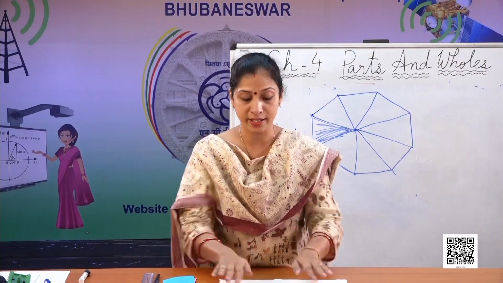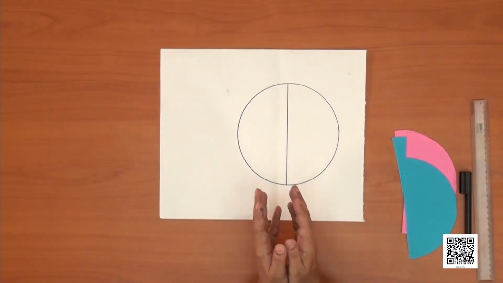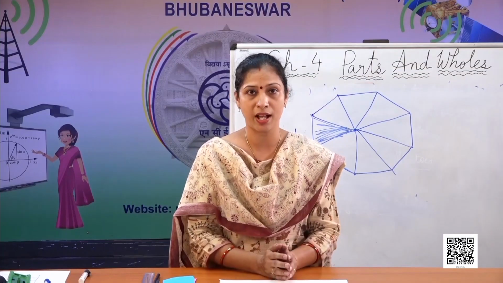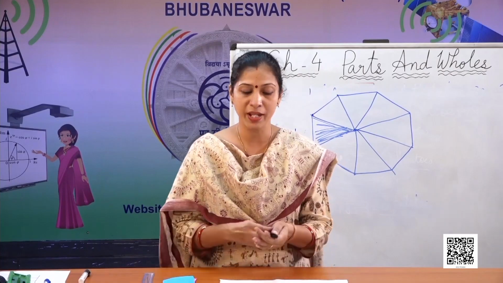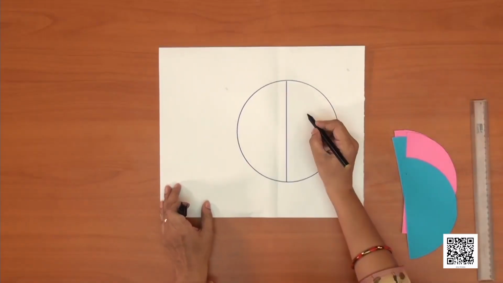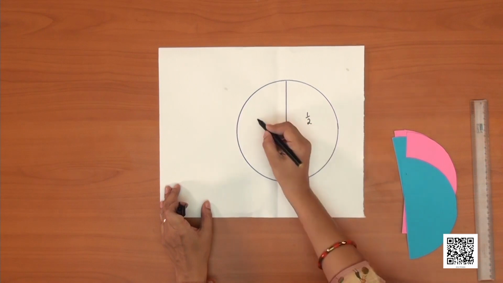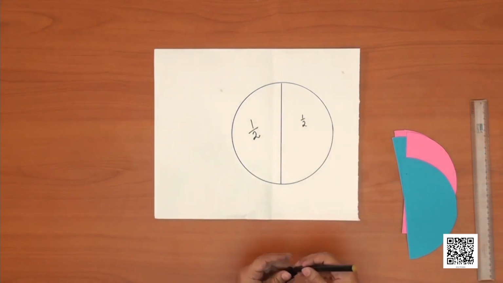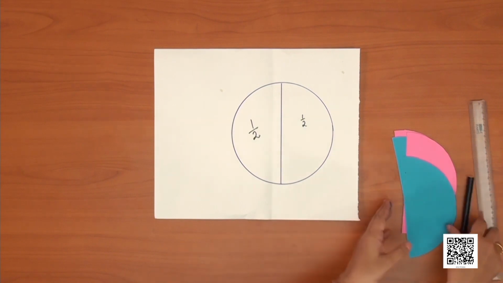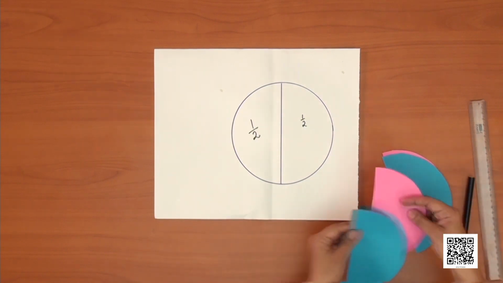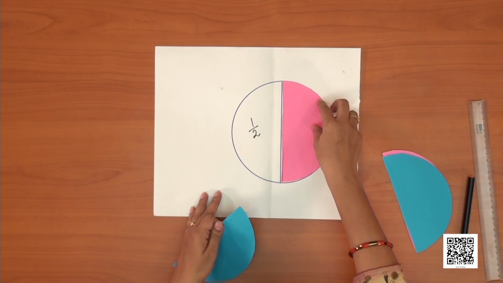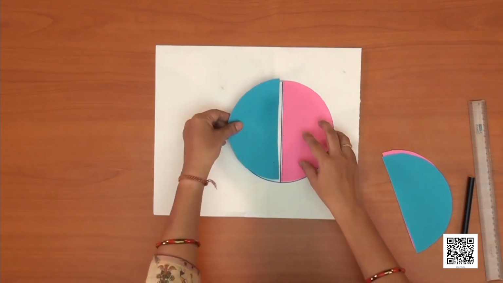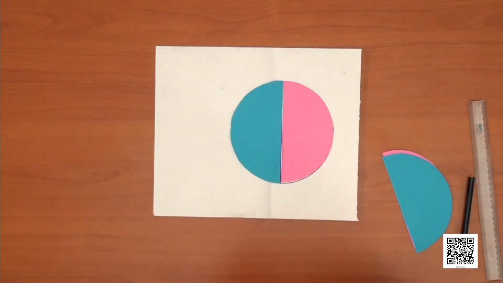So this is a circle, and I have divided this circle into 2 equal halves. This is a full circle, so this part will be 1 by 2 and this part will also be 1 by 2. Now this circle is divided into 2 parts, so 1/2, out of which half I will color in pink and half I will color in blue.